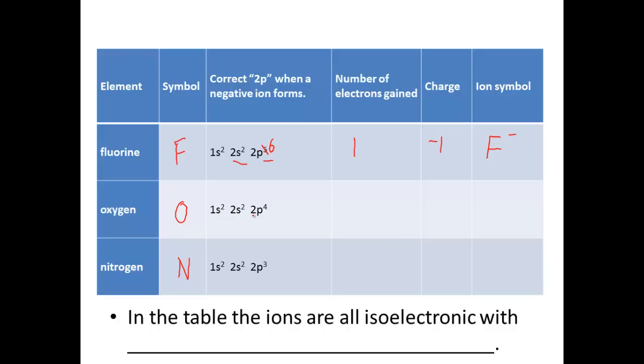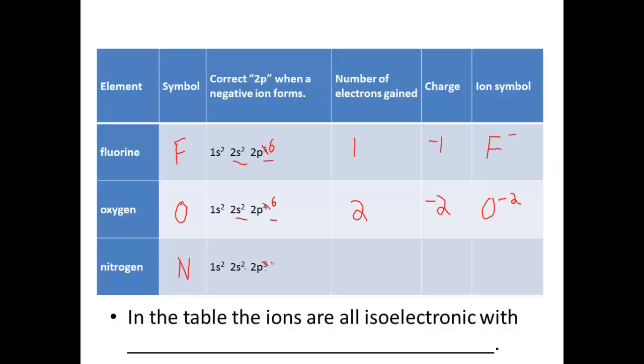Oxygen, 1s2, 2s2, 2p4. Now to get to the 8 outer electrons, we're at 6 total. Oxygen will need to add 2 more electrons to get to that 8 outer. So gaining 2, oxygen would be a -2 charge. And finally nitrogen, 1s2, 2s2, 2p3, has 5 valence.